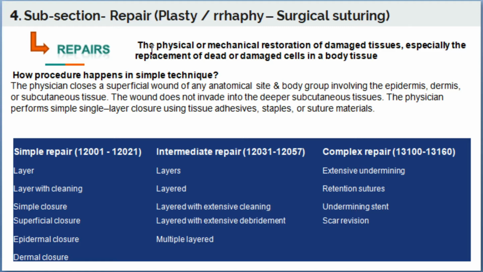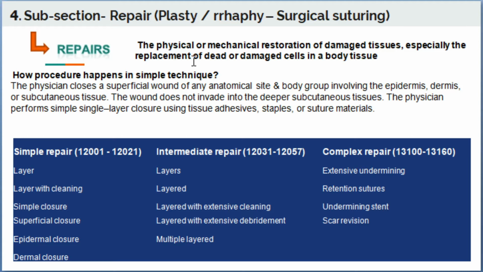Depending on the wound, the physician may adopt any of the three methods: simple repair, intermediate repair, or complex repair. Now, how the procedure happens. The physician will suture the wound of any anatomical site and body group involving the top two layers of the integumentary system or subcutaneous tissue.